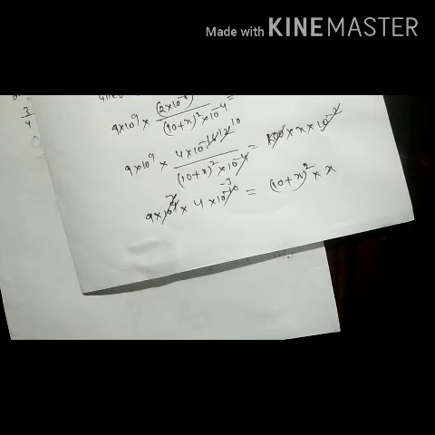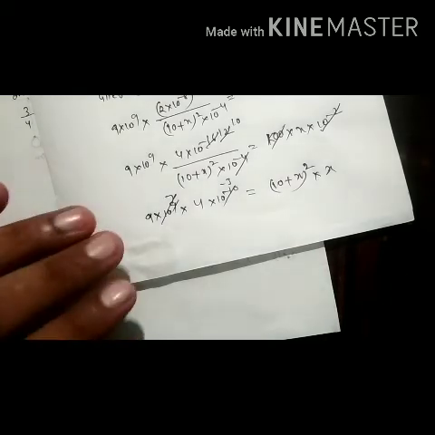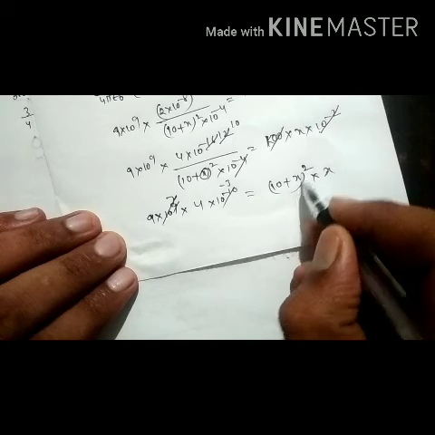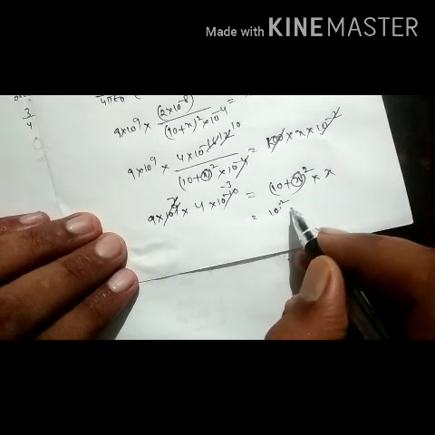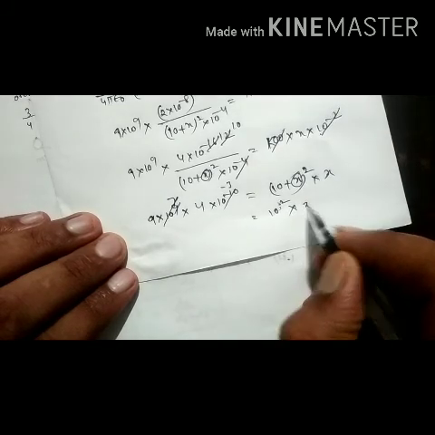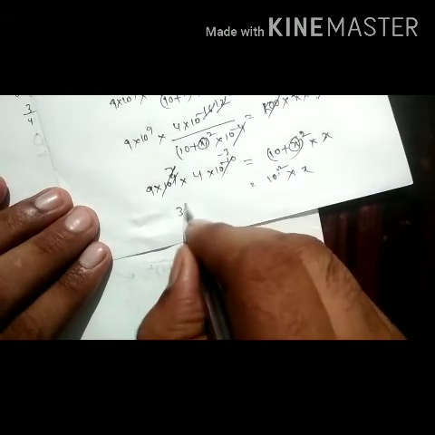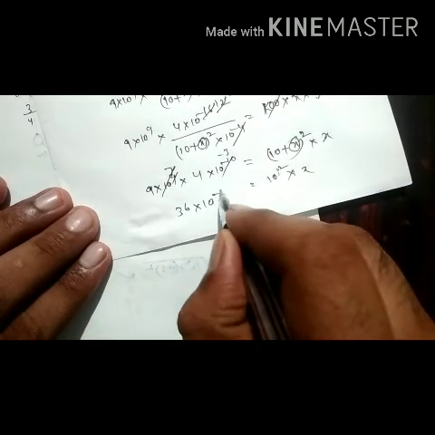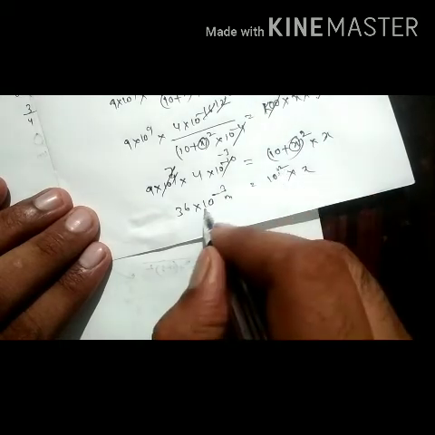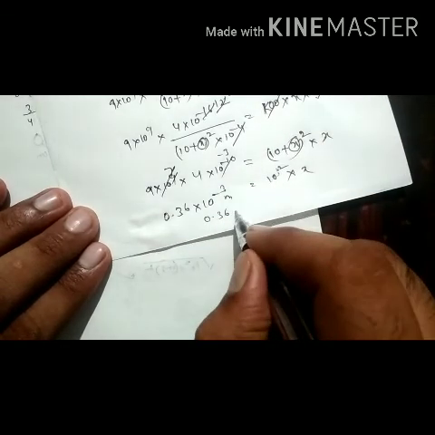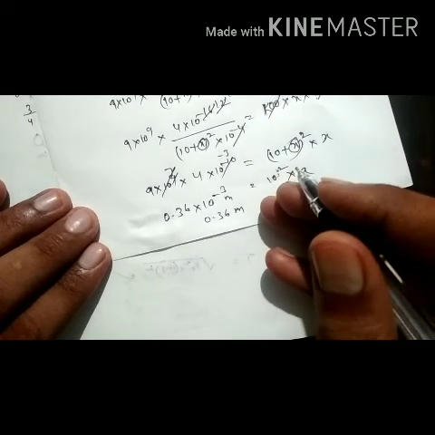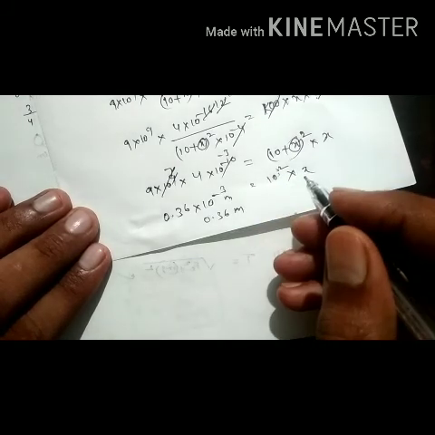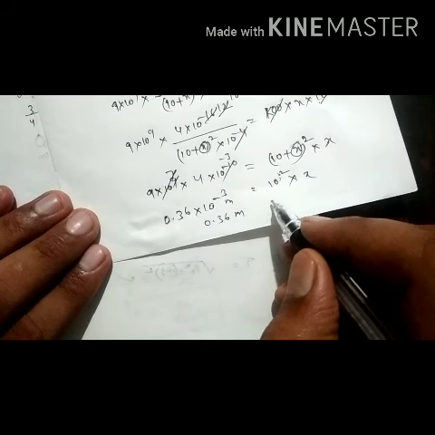So if it becomes hectic, I can simplify by neglecting x in the bracket, so again it will become 10 square multiplied by x. 9 4s are 36. I think 10 to the power of minus 3 meters. So if I bring this here, it will become 0.36 meters. Very, very small. So like this we can solve it.